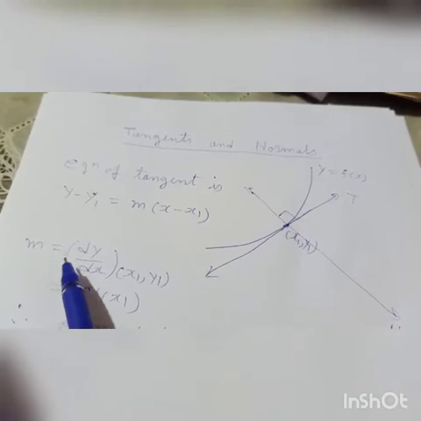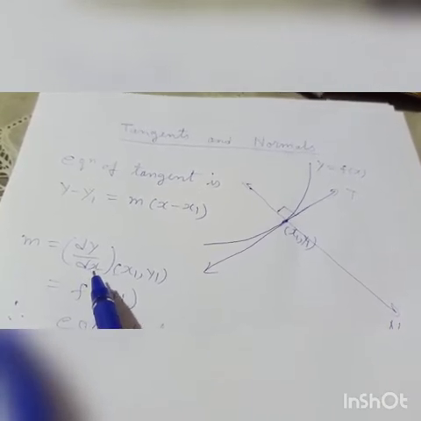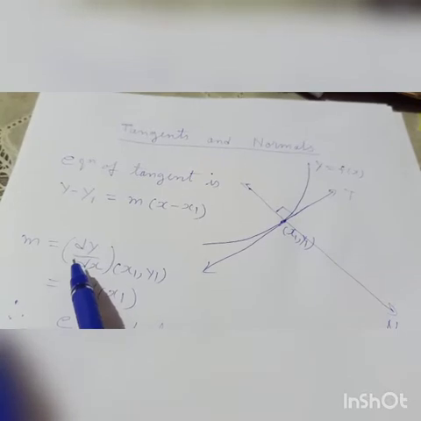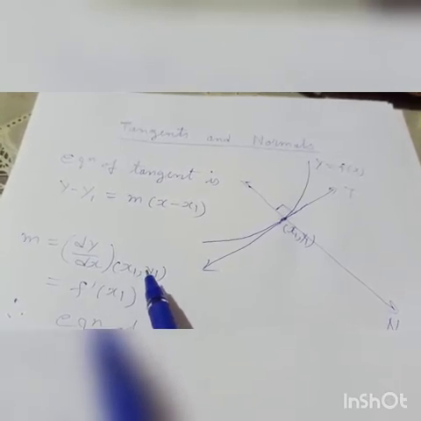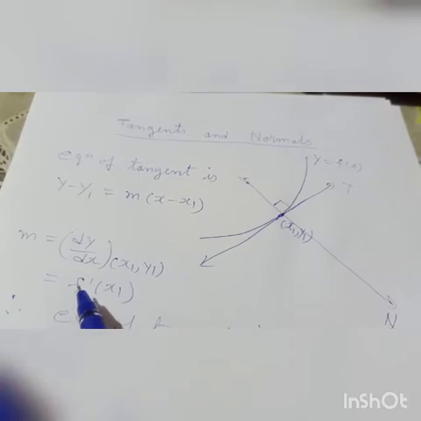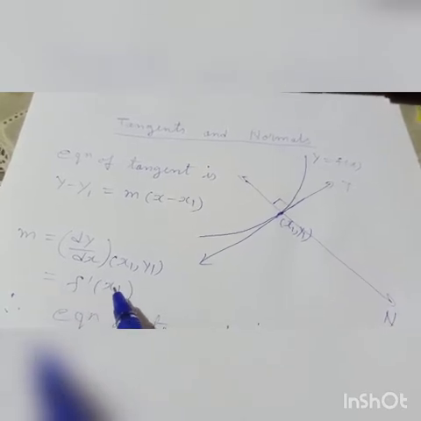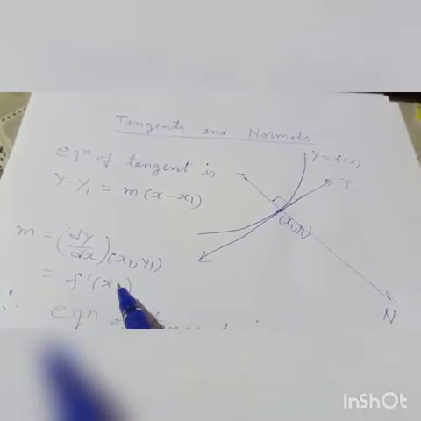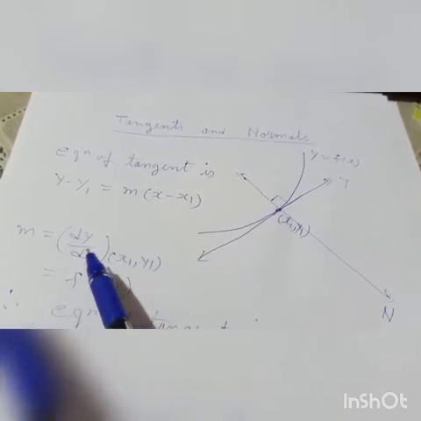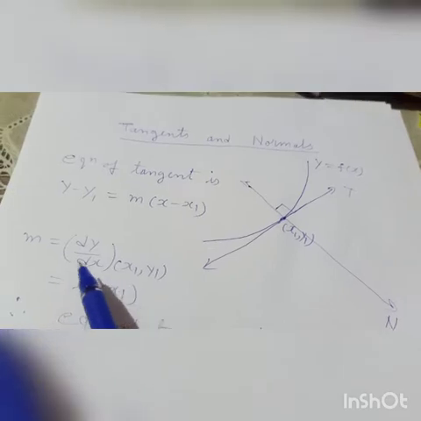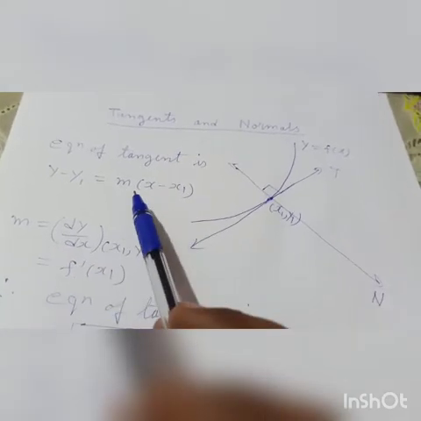Now m equals dy by dx, that is, the slope of the tangent is given by dy by dx at the point (x1, y1), or f dash x1, the derivative of f(x) at the point x1. This is the slope of the tangent. So we can put this value of m here.